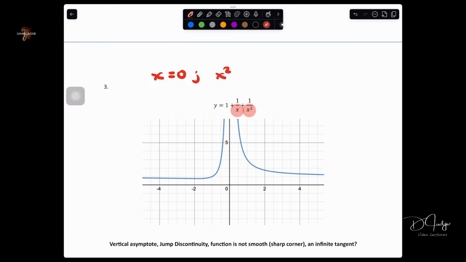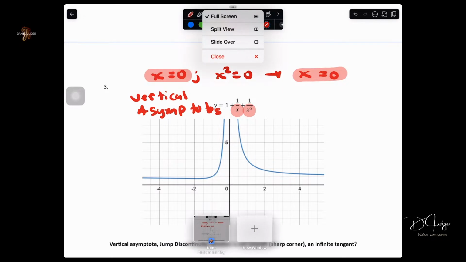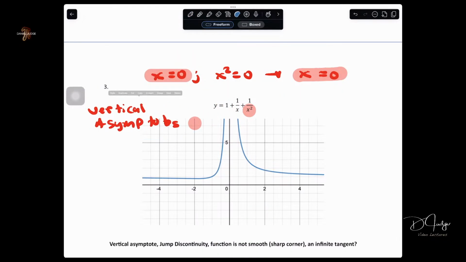The other one is x squared is 0, which implies x will be 0. If you guys recall, these are the locations where you have vertical asymptotes. And your functions are not differentiable at the location of those vertical asymptotes.